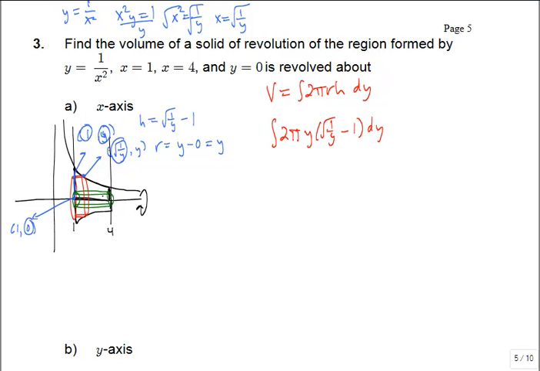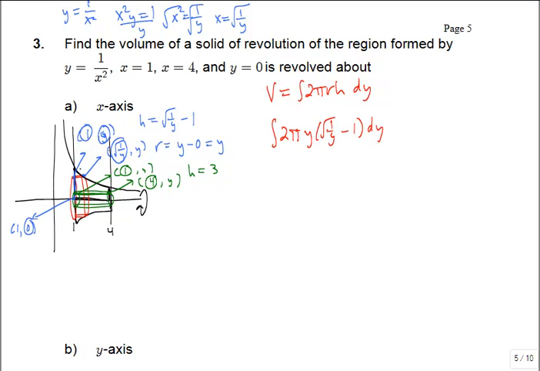So it's not consistent. So if we looked at this slice, and we looked at these 2 points, again, they share the same y, but this x value is 1 and this x value is 4. So when I do right minus left, the height is actually 3 this time.